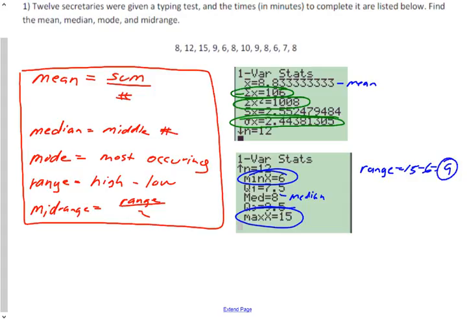And then the mid-range is high plus low divided by 2. And in this case, it'd be 4.5. So you can see our calculator will give us all of this wonderful data, and we just have to know how to interpret that. And that's going to start us off.